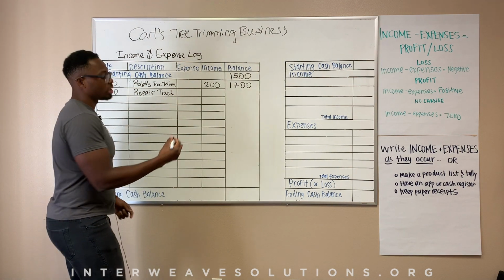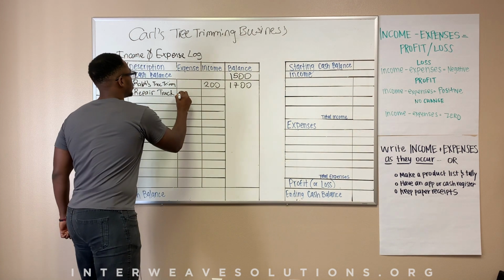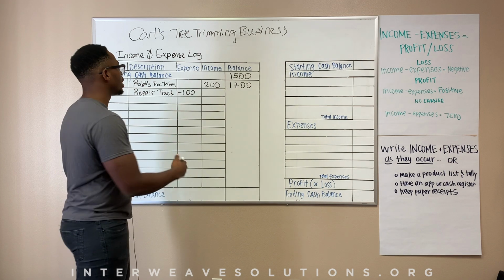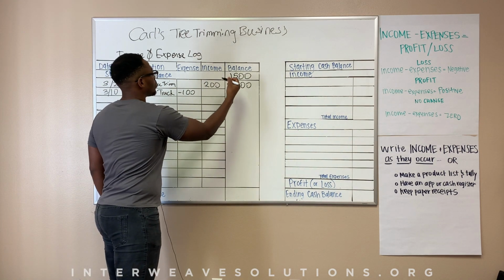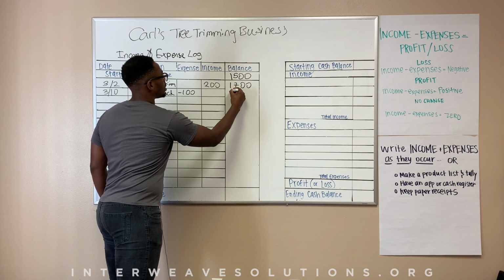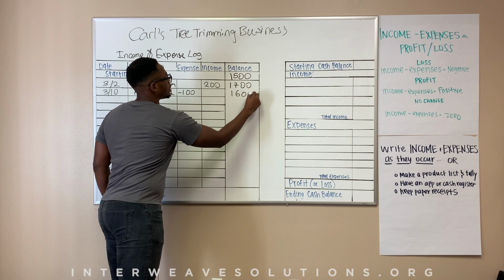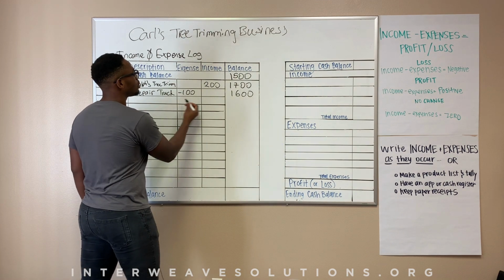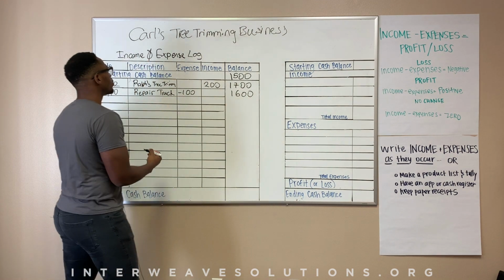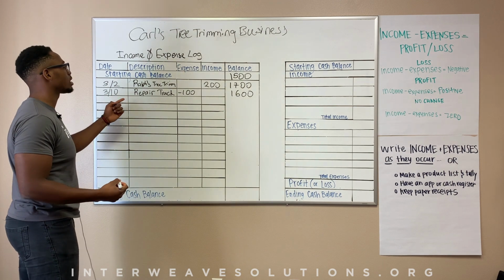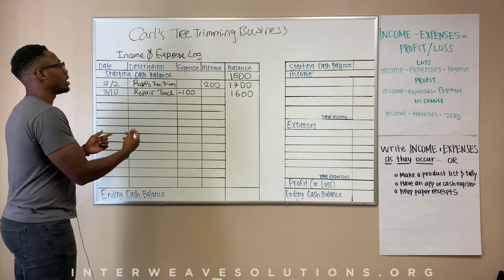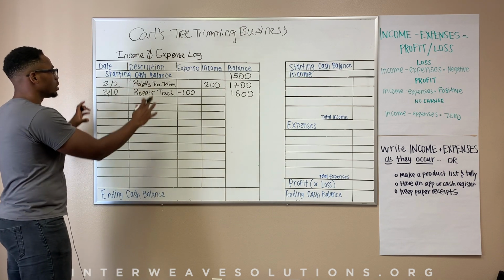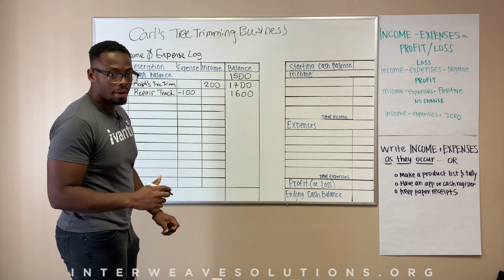So it's going to go under expense as $100. We paid someone $100 to repair our truck, and we're going to keep track of the balance. That will be 1,600, because we subtracted 100 from 1,700. The only reason we're keeping track of this is because it's a work truck. If it's anything personal not relating to our business, we don't put it in the income or expense log.